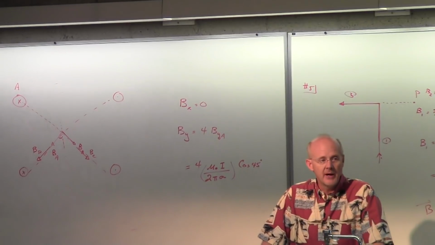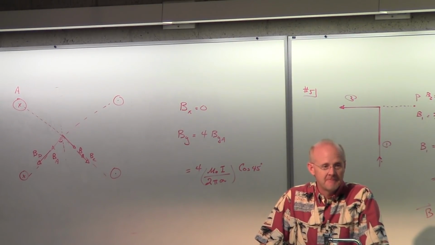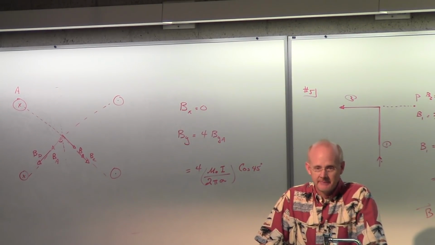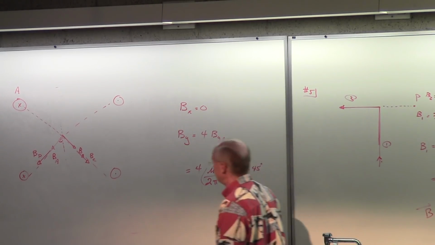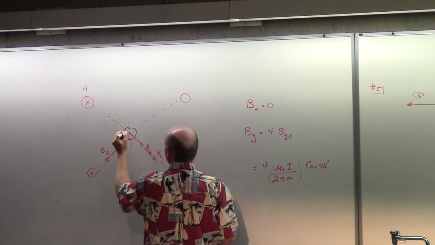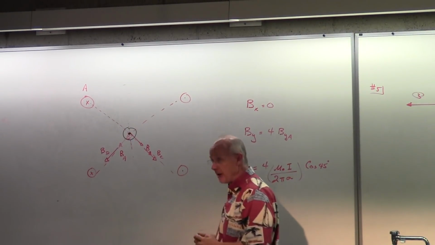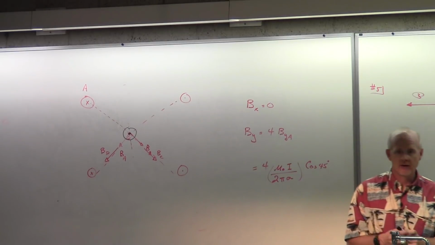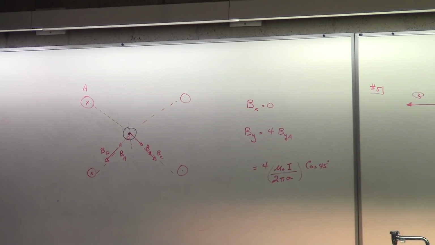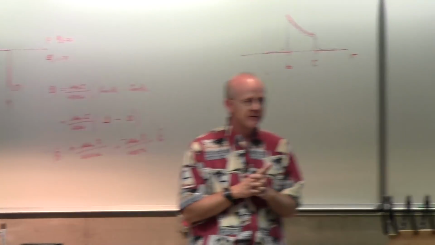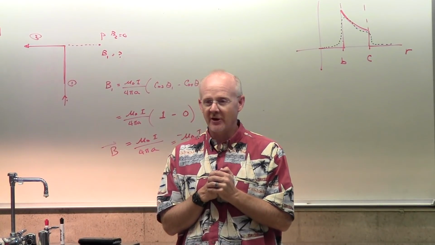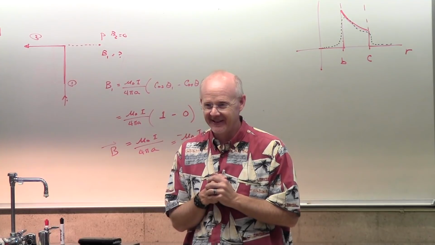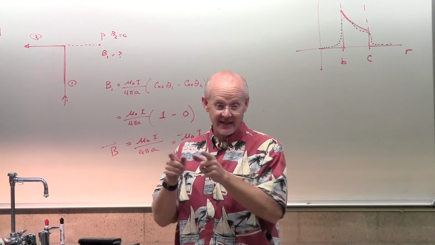What if there was a 5th wire down the center, also carrying 5 amps? I'll just have it come out of the board. 5th wire coming out of the board, right there at the center of the wire. Would anything happen to wire number 5? Is there a force on wire number 5? It's going to take us back to the last chapter.